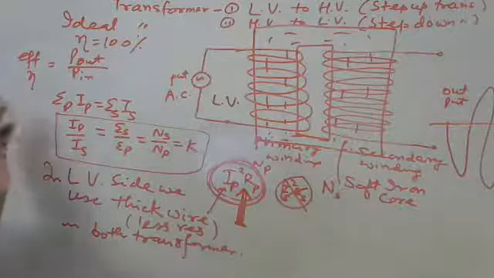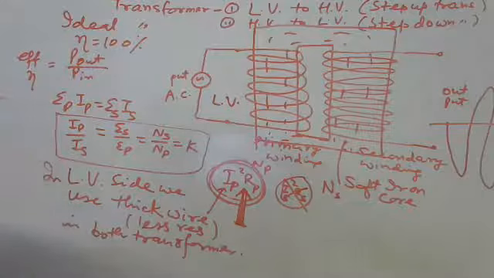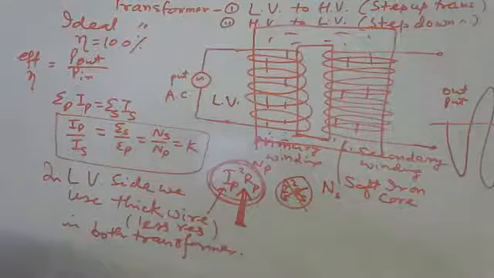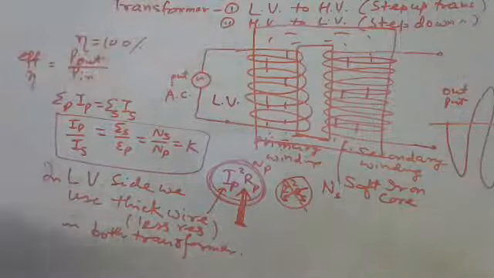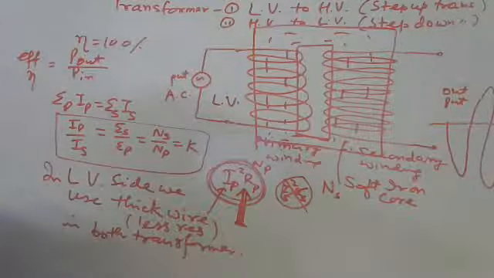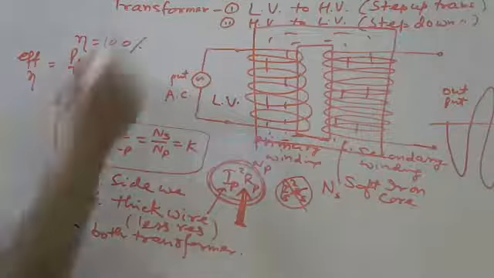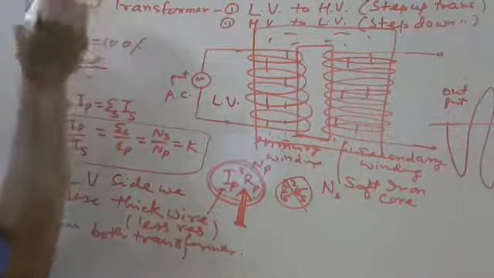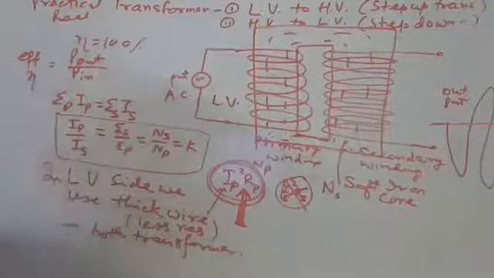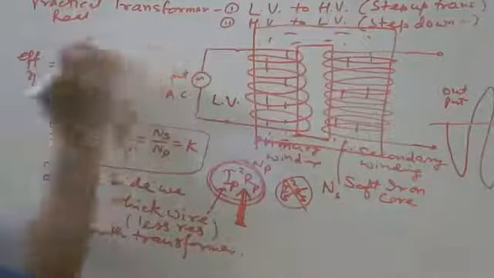So this we have discussed here for the ideal transformer. A practical transformer is not ideal. In a practical transformer, efficiency cannot be 100% because of some losses. So the efficiency of a practical or real transformer is less.